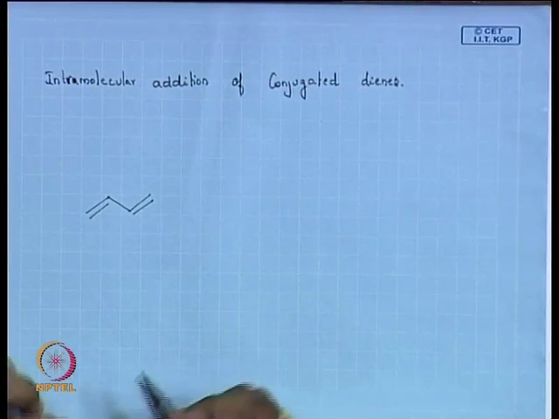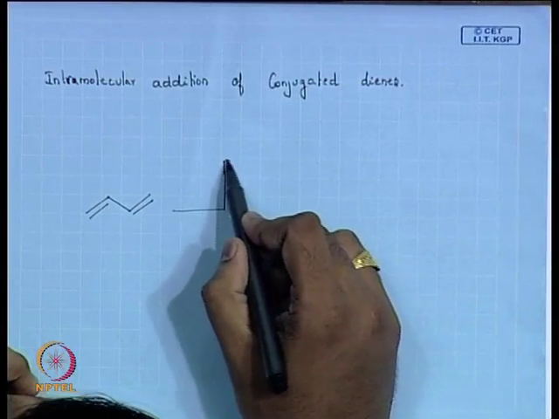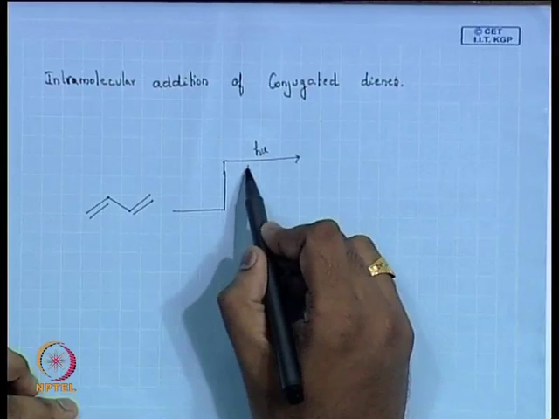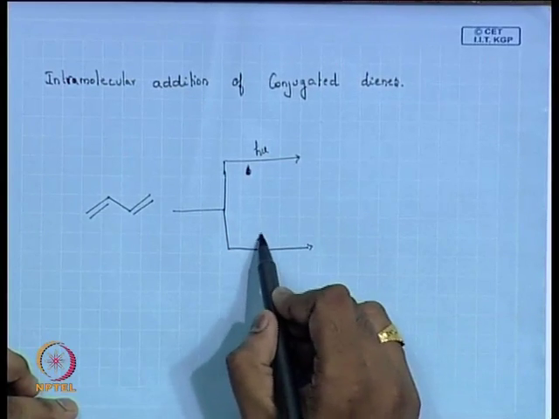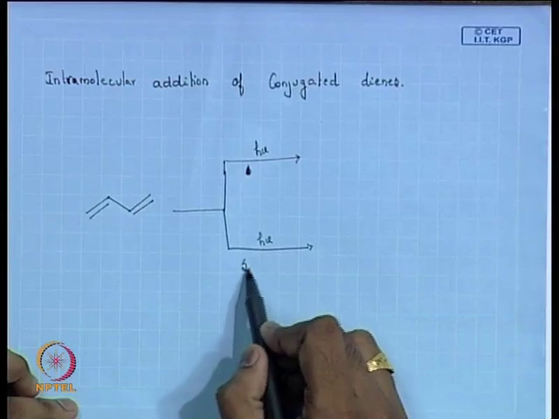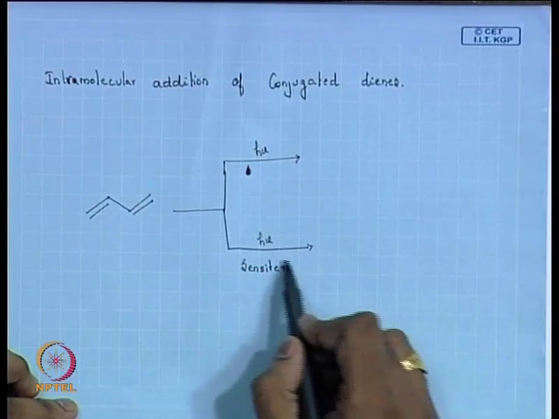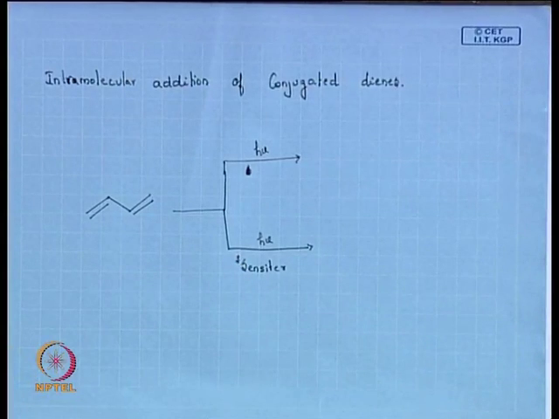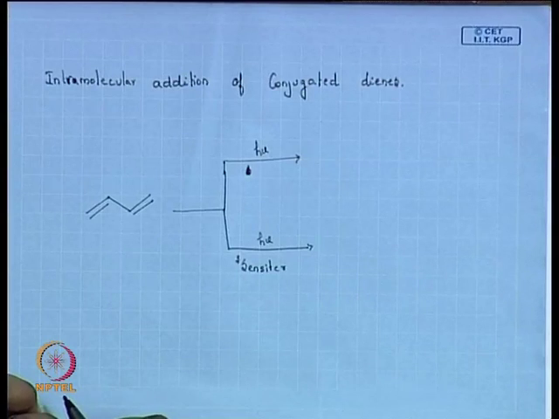Can take a diene. If I photolyze this directly, and I can also photolyze in presence of a triplet sensitizer. So, it's triplet sensitizer and directly.